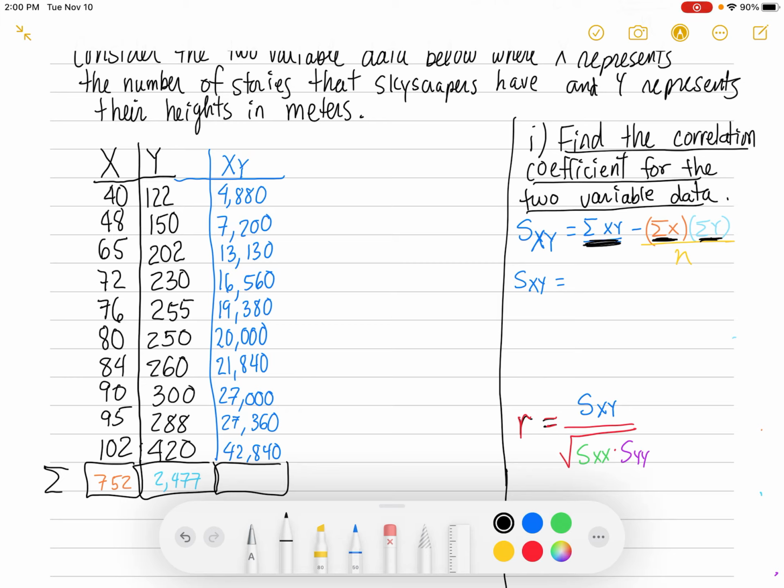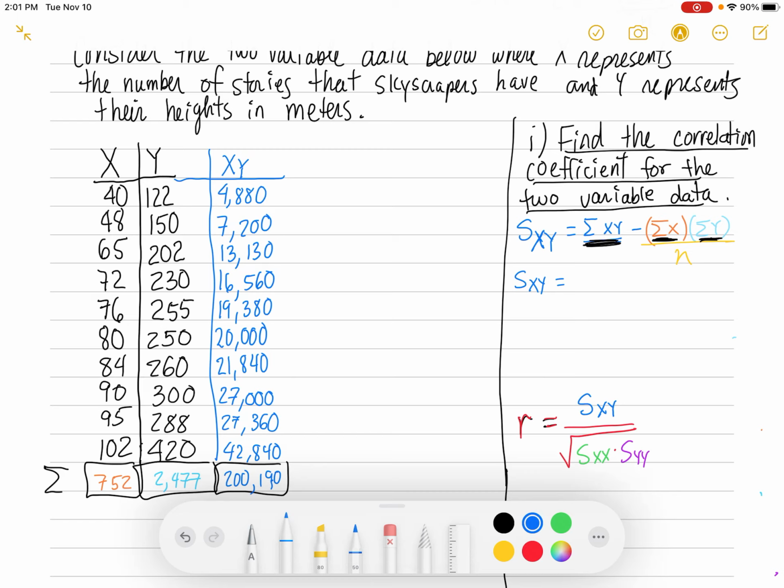Plus 21,840 plus 27,000 plus 27,360 plus 42,840. Okay, add those up. I get, in blue, 200,190.